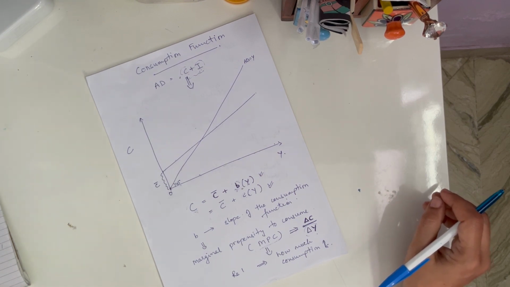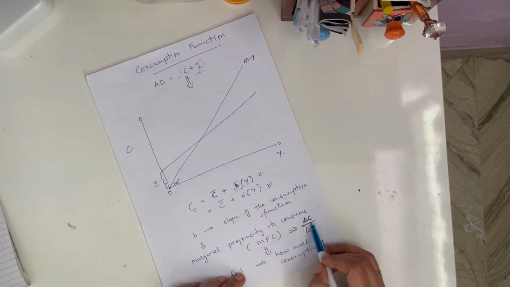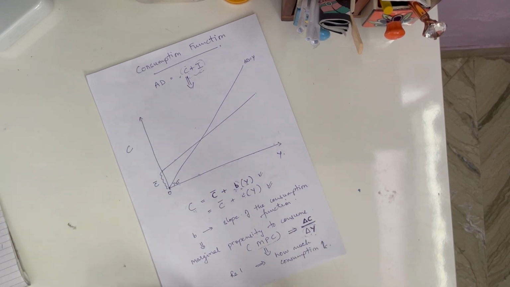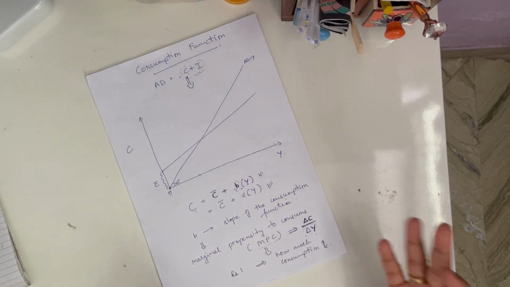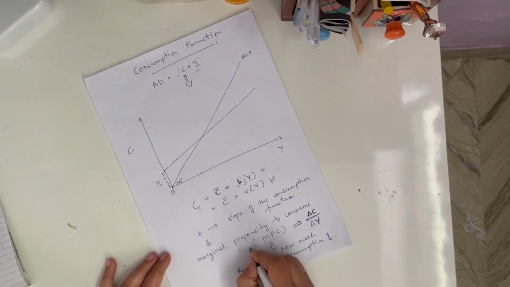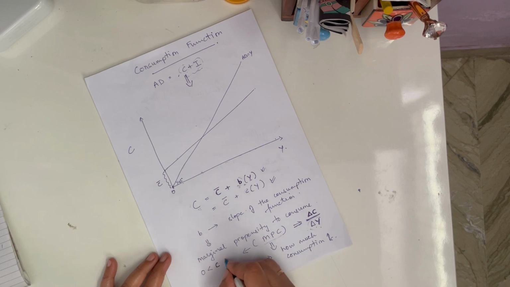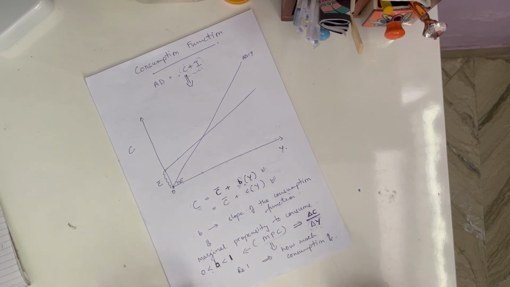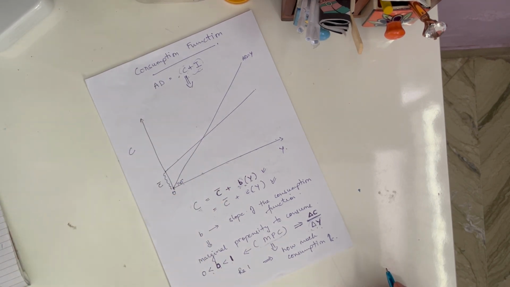And since we know that it's a positive relation, that as your income increases, your consumption also increases, your MPC is between 0 and 1. So it's a positive number and it's greater than 0, but it's less than 1. Sorry, I'm just mixing this up. It could be B, it could be C, right? As I told you earlier. That's your MPC. Okay. All right.